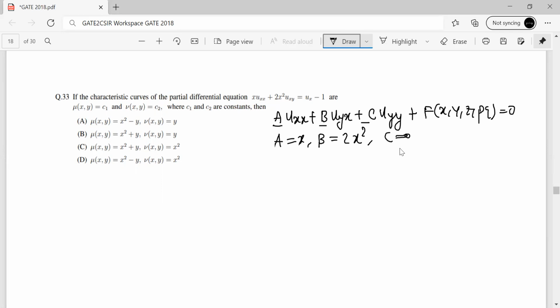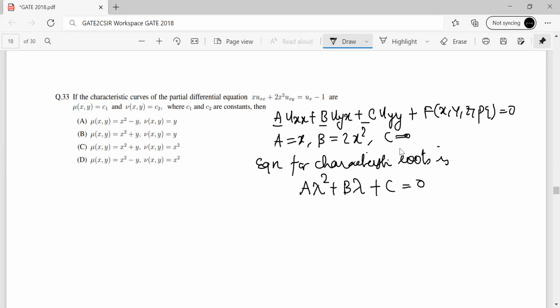So the equation for the characteristic roots is A lambda squared plus B lambda plus C equal to 0.